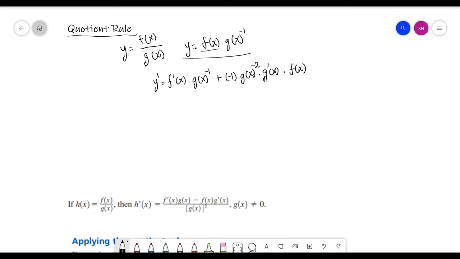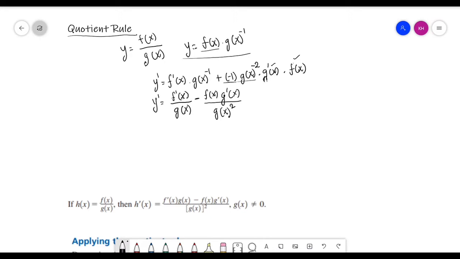So we can simplify this. We're going to have y prime equals the f prime x, and then we can bring the g of x down like this, and then we have a -1, so the sign would be a minus, and then we have f of x, this one, and then we have a g prime x, so let me write that one as well, and then we can write the g of x to the power -2 in the denominator as g of x to the power 2.